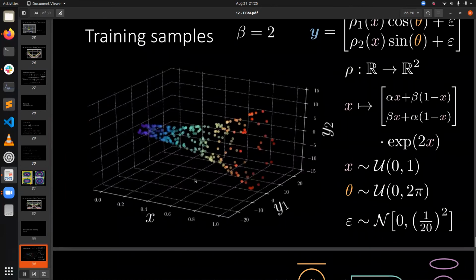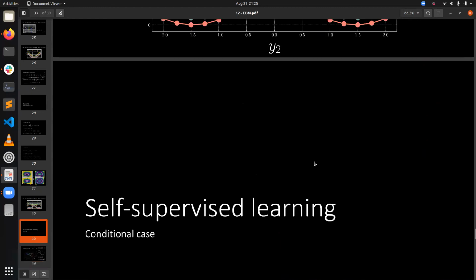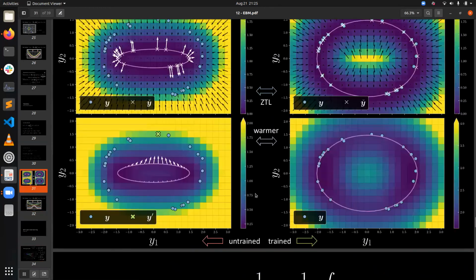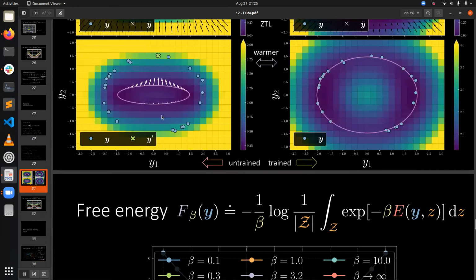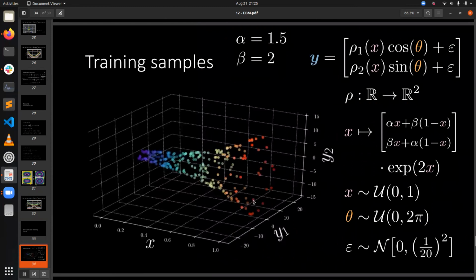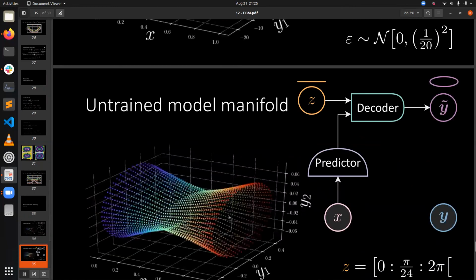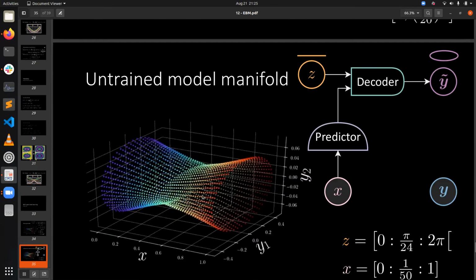So here we are just looking at x as well. All of this time we were just looking at a particular x and fitting the manifold for that x. So now looking at the whole thing. An untrained model manifold would look something like this maybe, and so you have your x and it goes into the predictor, and then you have the latent variable which is 1D, right?